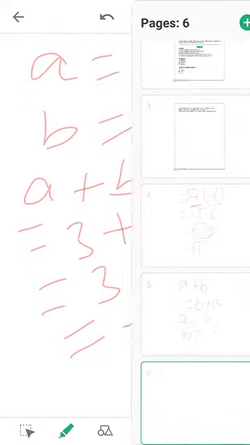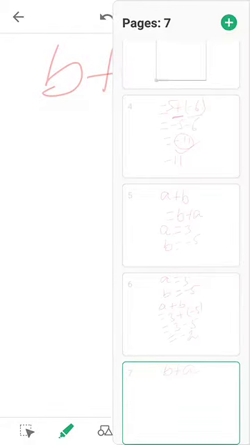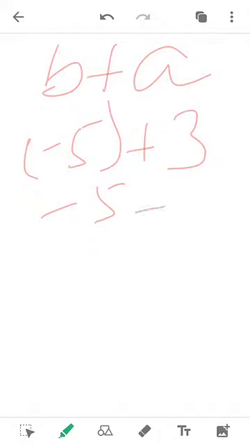Now, from the other side, b plus a, b is equal to minus 5 plus a is equal to 3. Minus 5 plus 3 is equal to minus 2.